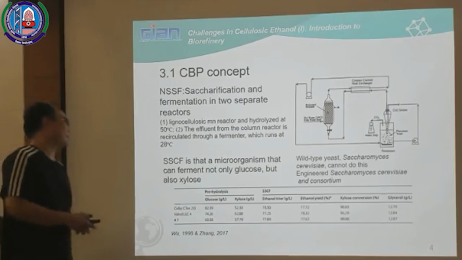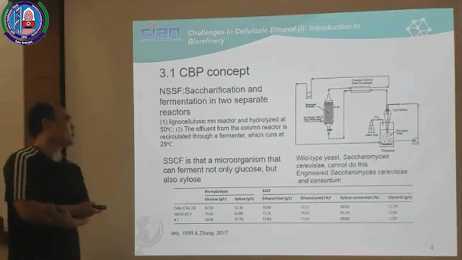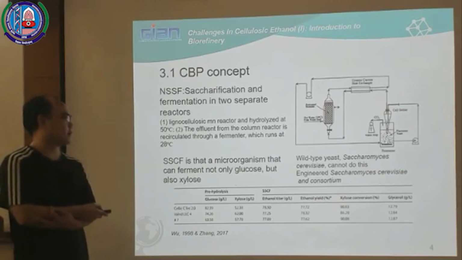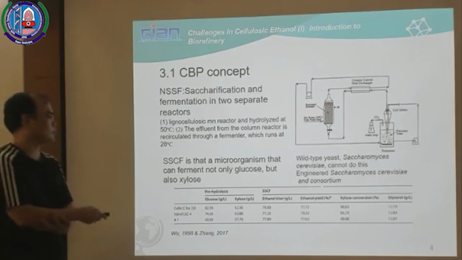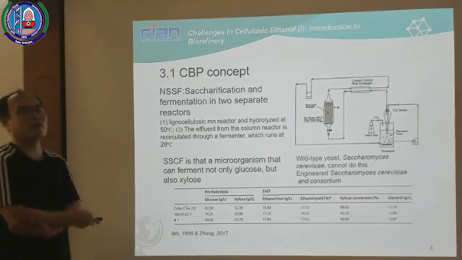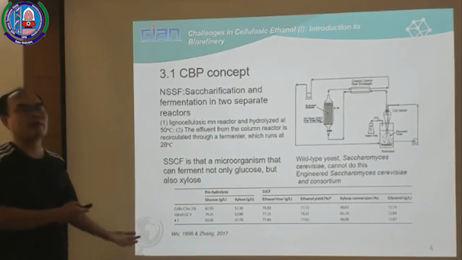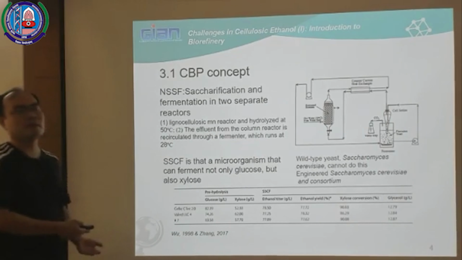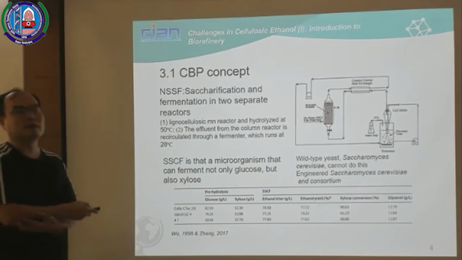In SSCF, in general, we use 2 microorganisms. One is cellulosic and another is a pentose fermenter. If we use these two types of microorganism for the fermentation of glucose and xylose, it will work very efficiently. But none of them can digest the cellulose or xylan directly.